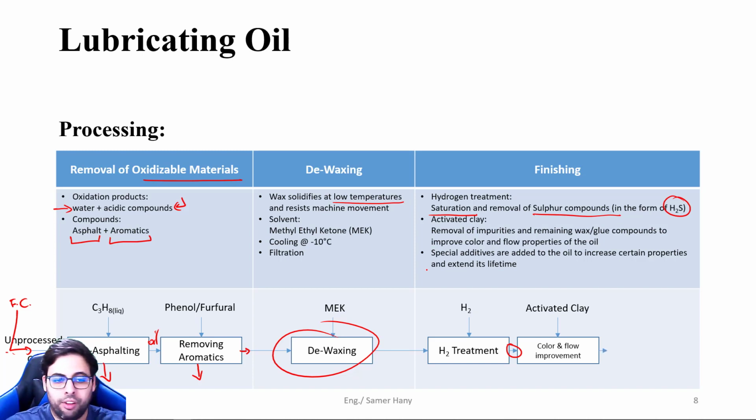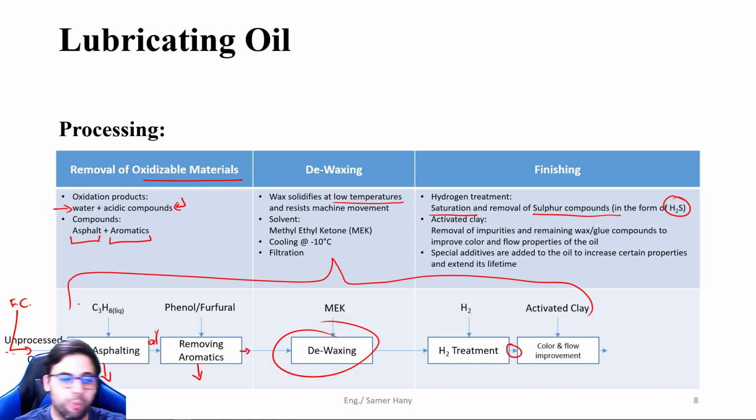All right. Right now, all we did in these steps was to remove all the unwanted compounds that affect the properties of the oil. And now, in the last step, we want to enhance the properties that we got after purifying and getting the pure oil. Okay?